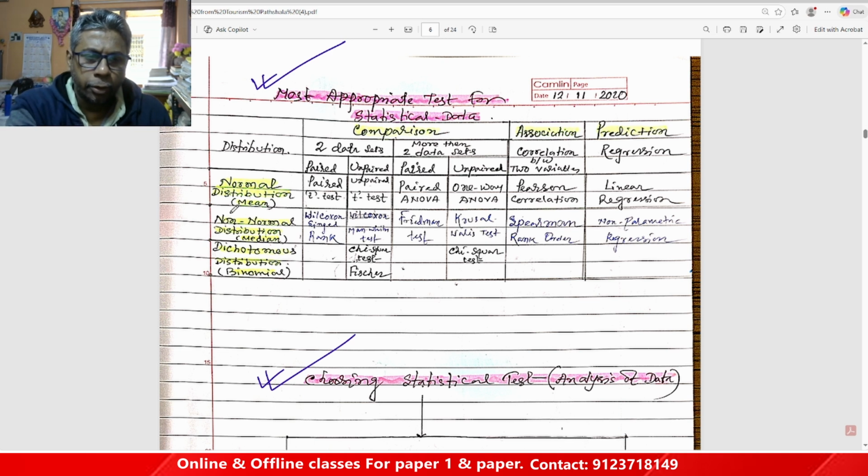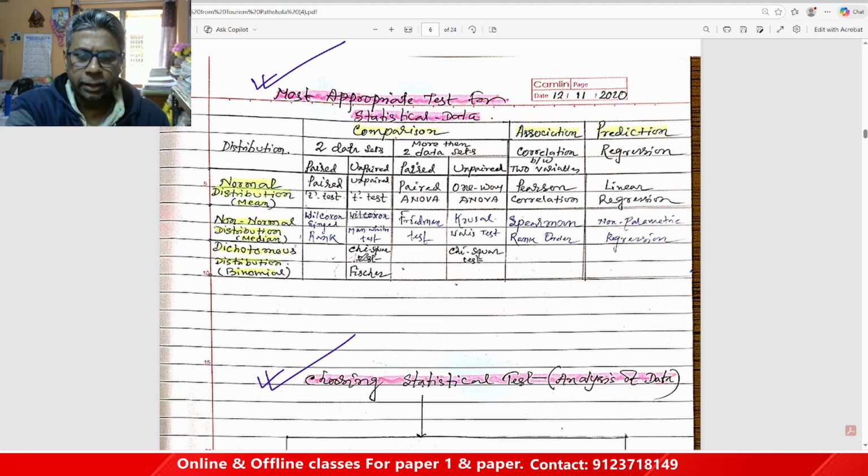And non-normal distribution with more than two data sets, we use the Friedman test for paired samples, and in the unpaired case we use the Kruskal-Wallis test. For dichotomous or binomial distribution, two data sets, in the case of comparison, we use the chi-square test.